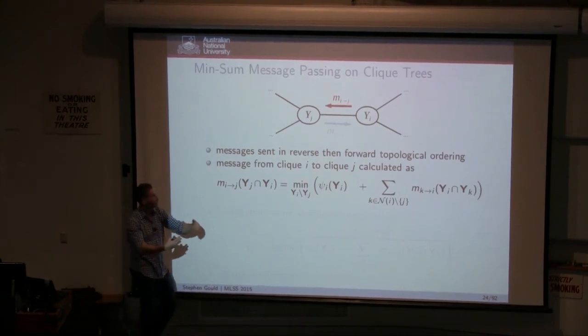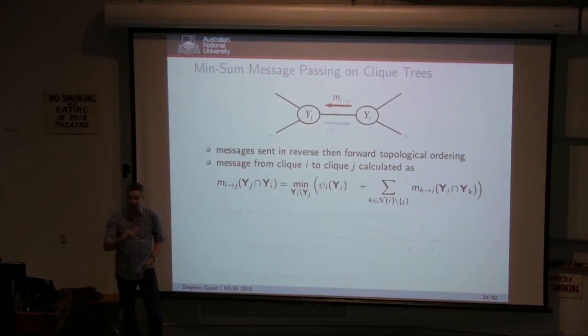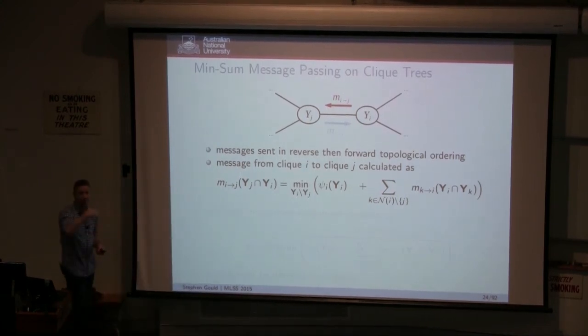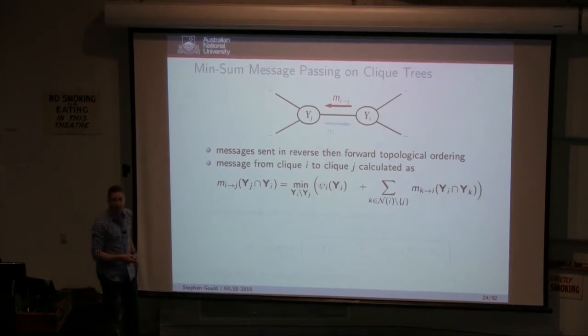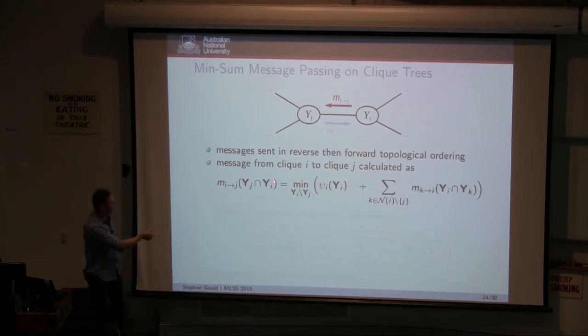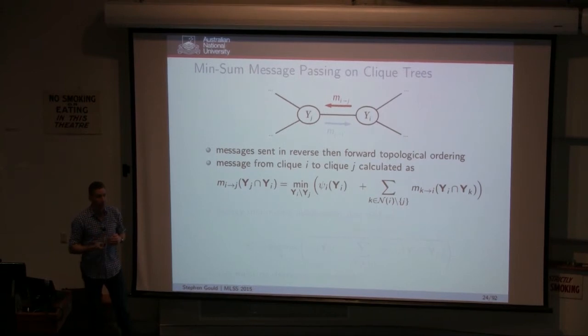And if you're the first node in the ordering, you don't have any messages coming in. You add those together using the factor addition operations, and then you minimize over all of the variables that don't appear in the node, in the clique that you're sending the message to. Okay? And that gives you a message over the intersection of the variables that are in those 2 cliques. And you keep doing this through your reverse topological order.